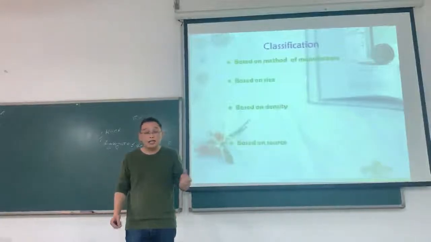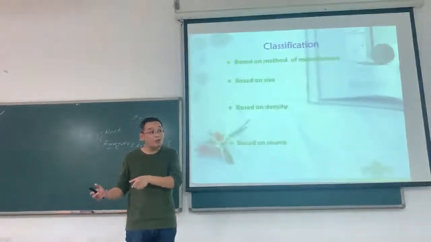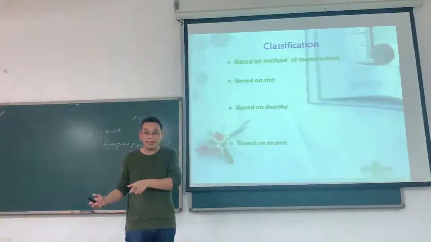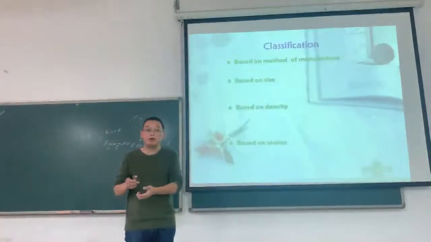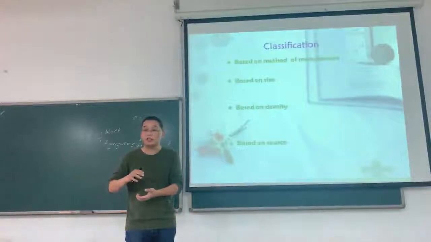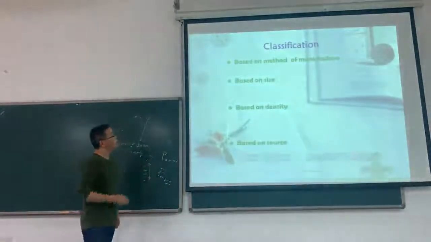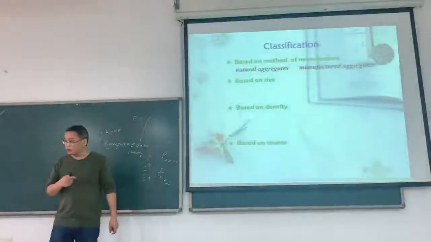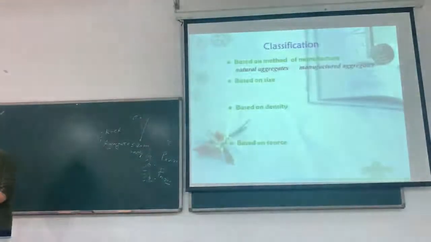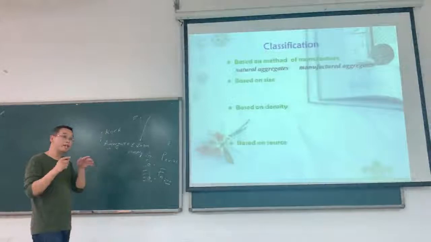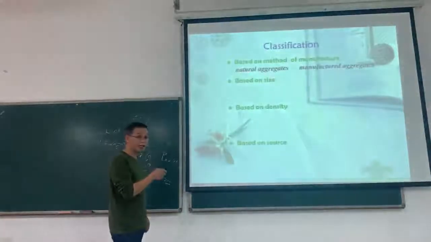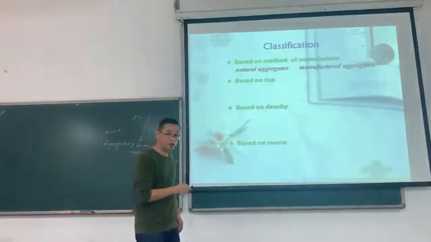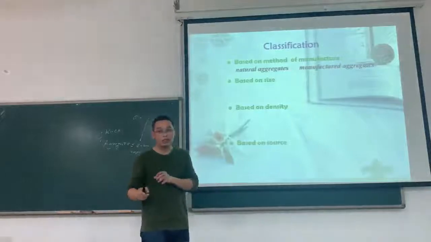And then we can get the aggregates from the crushed stone, the crushed sand. It can be produced by a machine, a crusher. So based on the method of manufacture, we can divide them into natural aggregates and manufactured aggregates, or crushed aggregates.